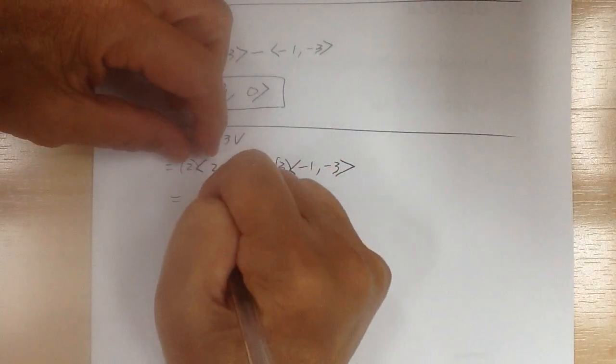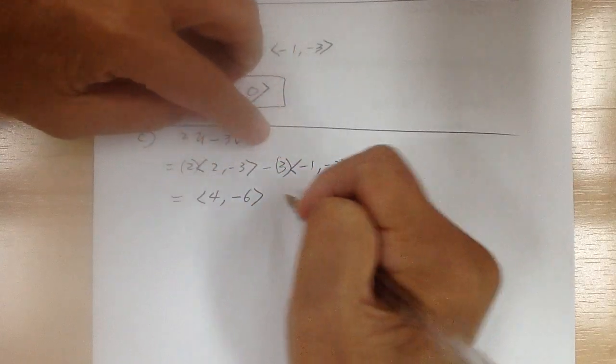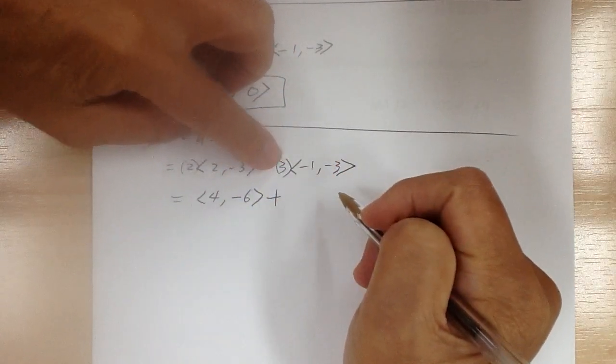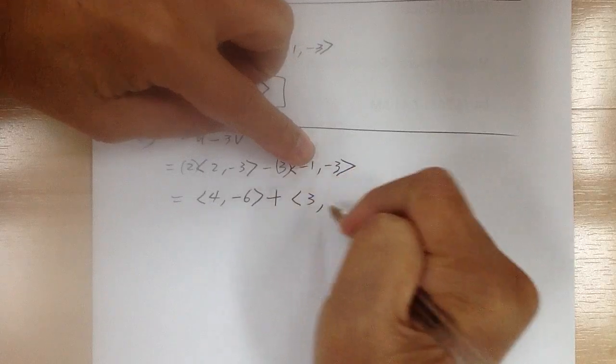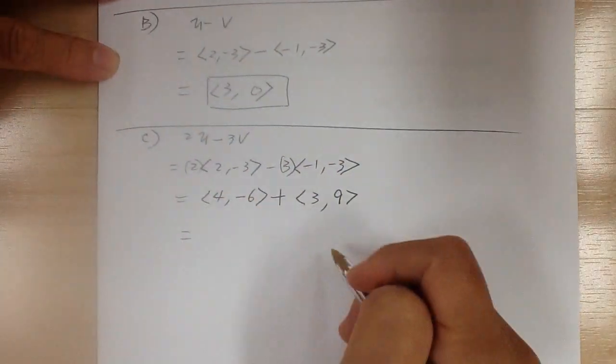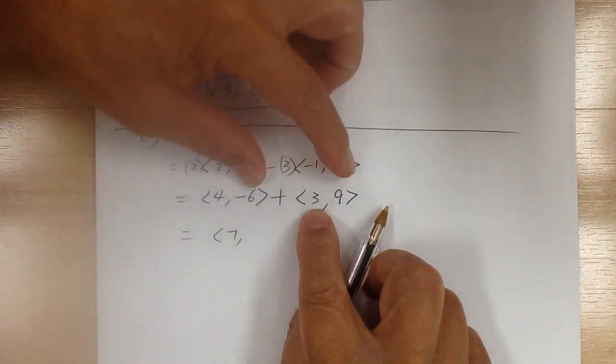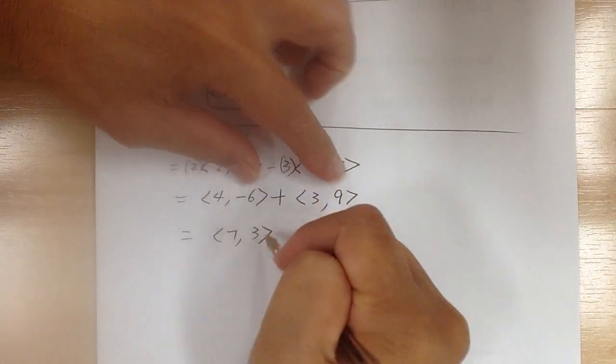So this would become 4, negative 6. And again, I'm going to distribute the negative inside, so it becomes plus. Negative 3 times negative 1 would become positive 3. Negative 3 times negative 3 would become positive 9. So this becomes 7, since 4 plus 3 is 7. Negative 6 plus 9 would be positive 3.